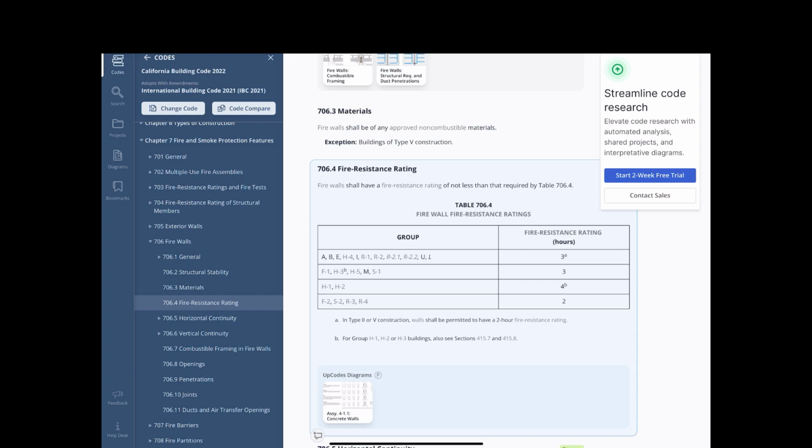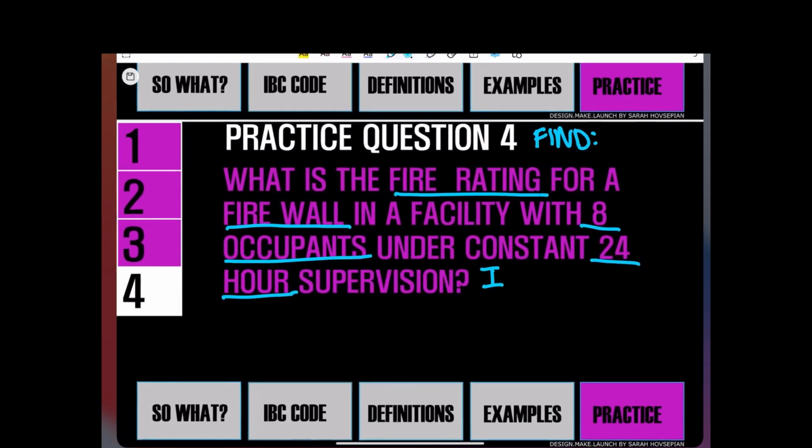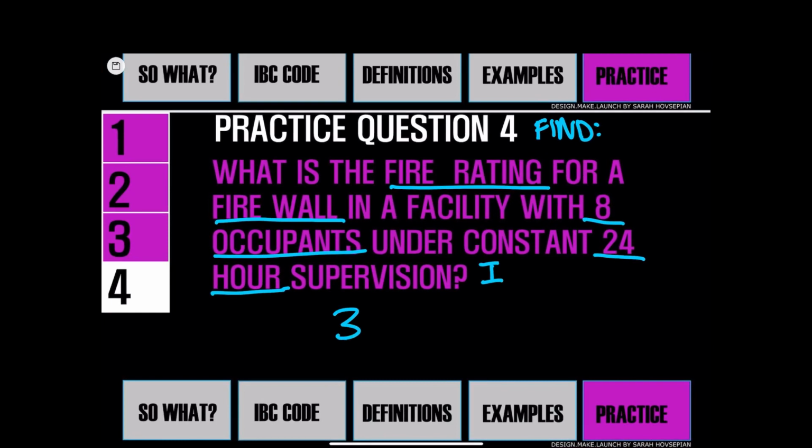Since the question did not really specify a type of construction, we'll just keep this simple and stick to the 3 hours. And this is following this philosophy of we want to always err on the side of a more stringent requirement if we don't have enough information, as in this case. So we'll err on the side of 3-hour rating. So the answer to this question is a 3-hour wall.